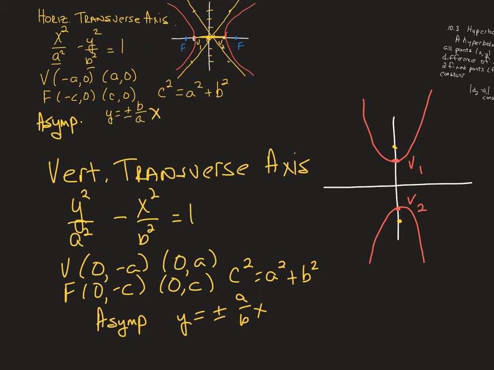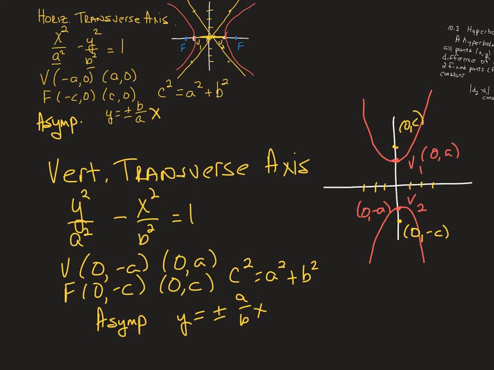So let's think about this. Our vertices, we said, are 0, negative a and 0, a. Our foci are 0, negative c and 0, c. And if we knew what b was, let's say this is b.